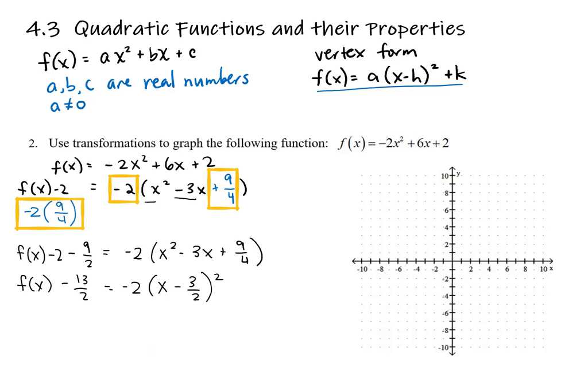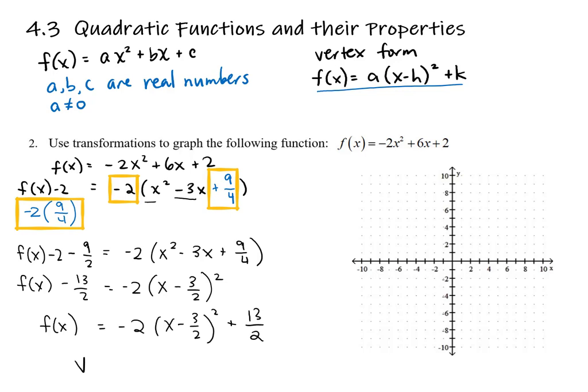And then we're going to add that 13 over 2 to both sides. So I'm going to get f of x is equal to negative 2 times x minus 3/2 squared plus 13 over 2. That was a little bit involved, so you have to make sure you practice your completing the square.